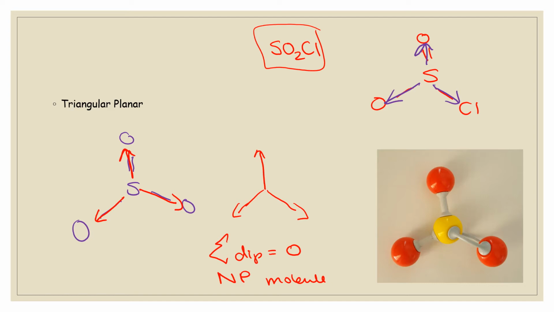However, the electronegativity difference for the sulfur-oxygen bond is 0.8, but the sulfur-chlorine bond is in fact 0.6. So here you can see the sum of the dipoles will not equal 0. So this here would be a polar molecule.